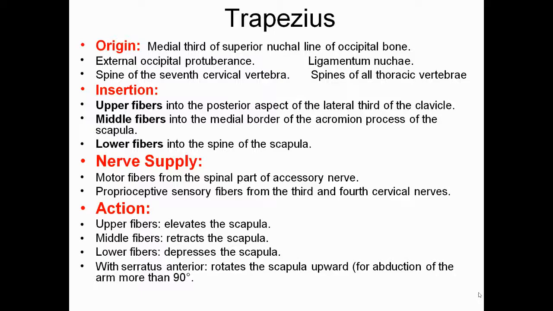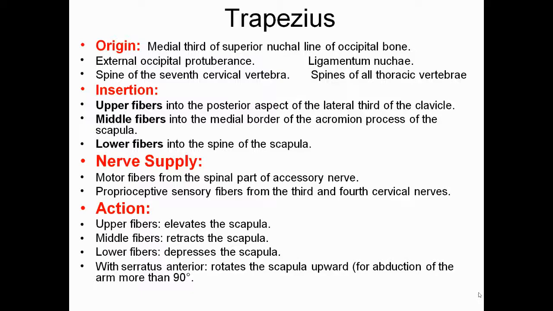It takes origin from the medial third of the superior nuchal line of the occipital bone, the external occipital protuberance, the spine of the seventh cervical vertebra, the ligamentum nuchae and the spines of all thoracic vertebrae. It inserts, with the upper fibers into the posterior aspect of the lateral third of the clavicle, middle fibers into the medial border of the acromion process of the scapula, and lower fibers into the spine of the scapula.